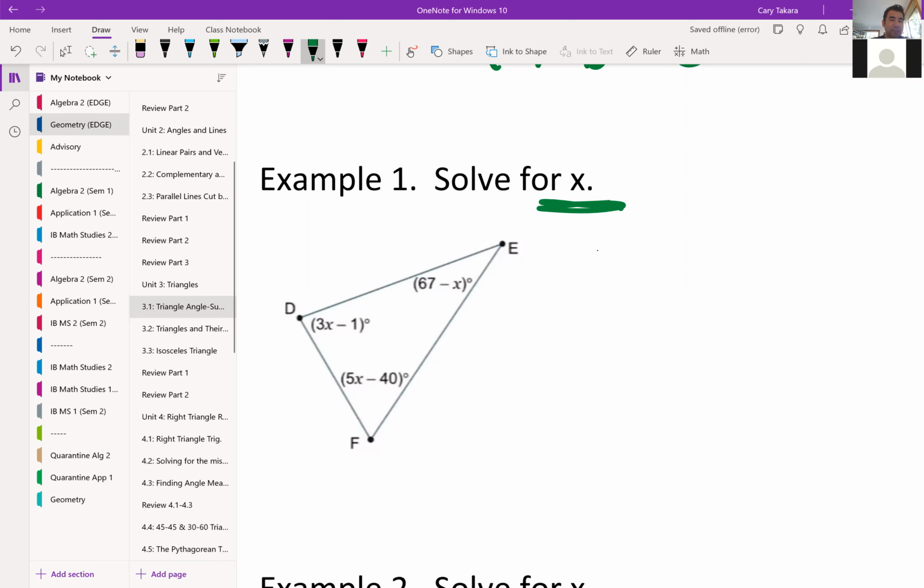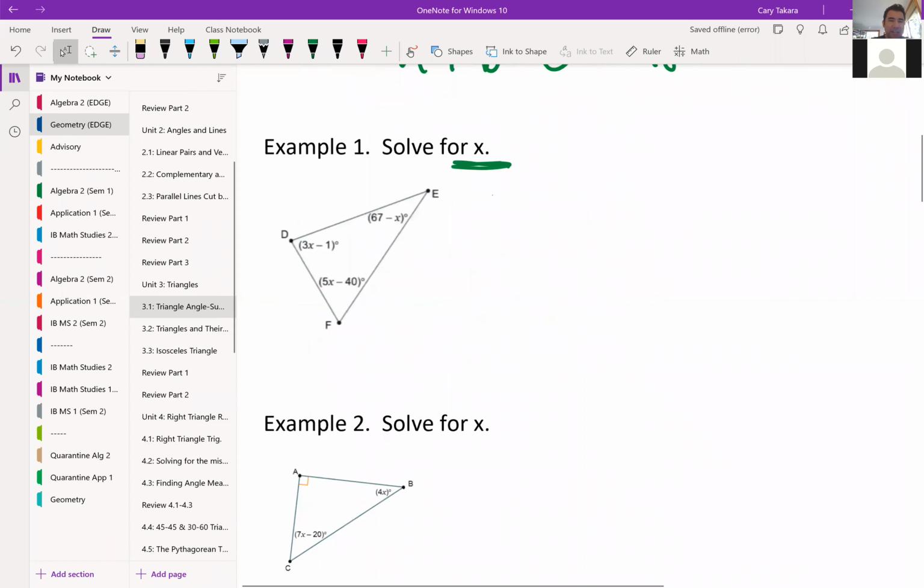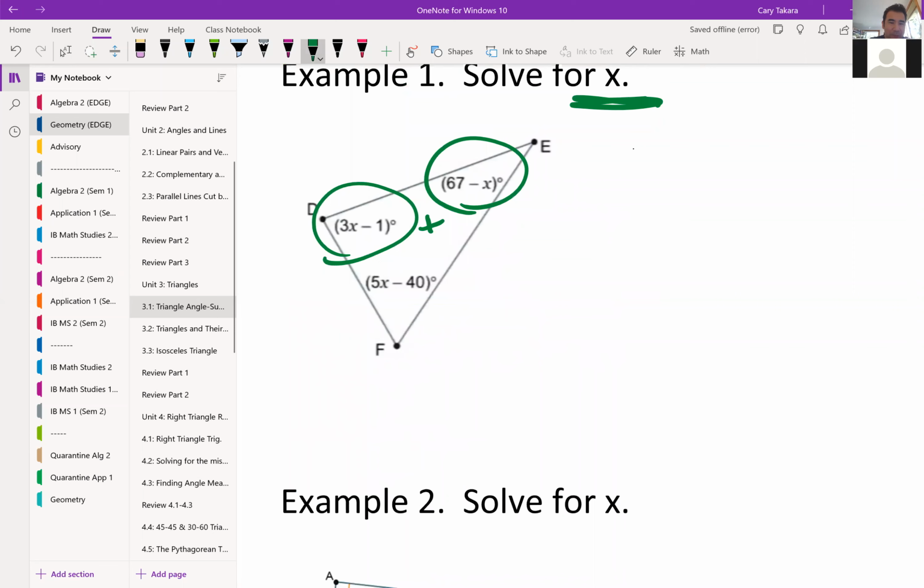Now, how do we set up an equation? We're going to use the angle sum theorem, which is that this angle plus this angle plus this angle, if you add all of them up, they are equal to what? Equal to 180, right?